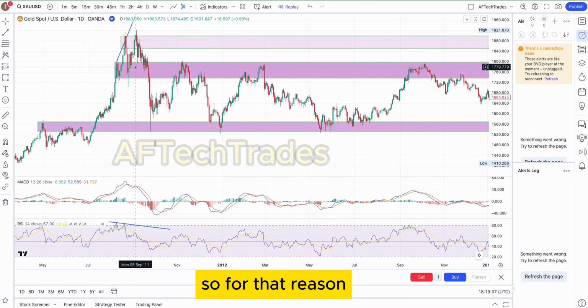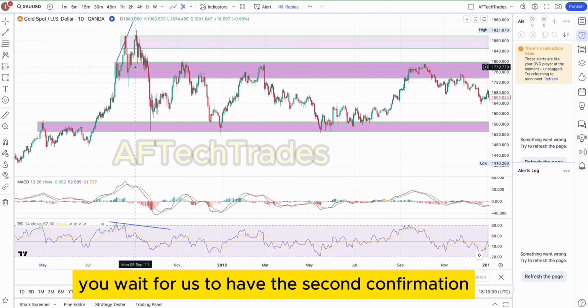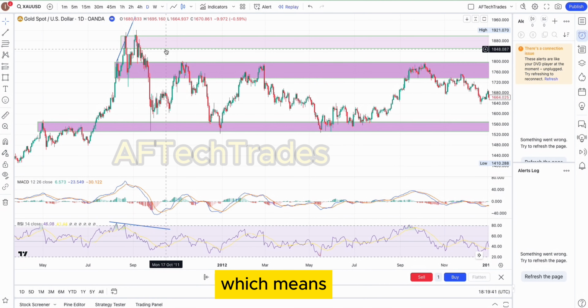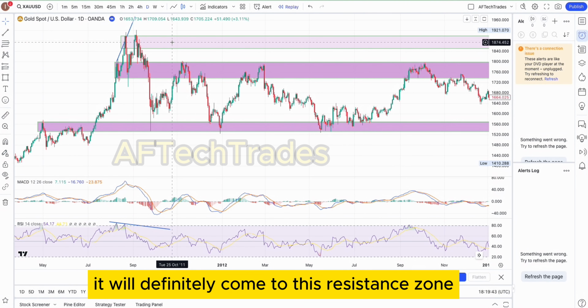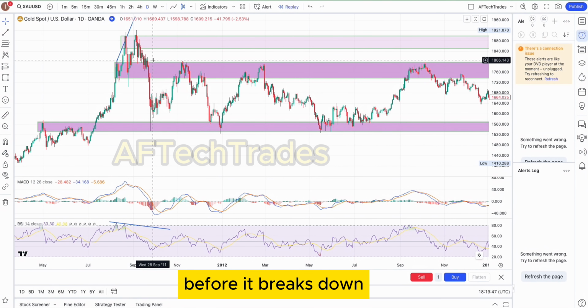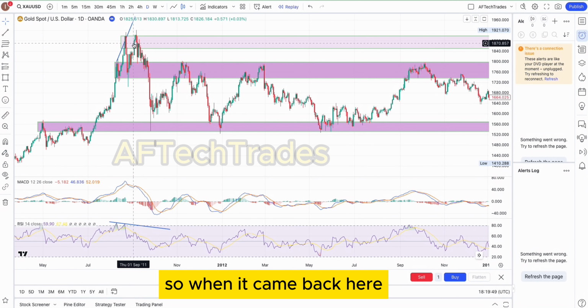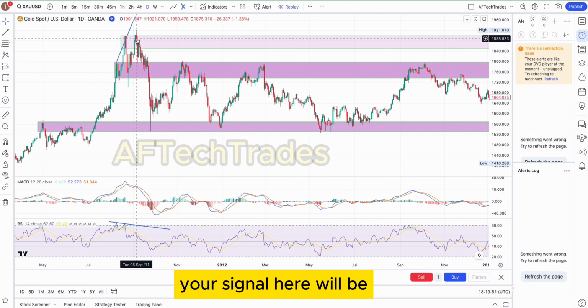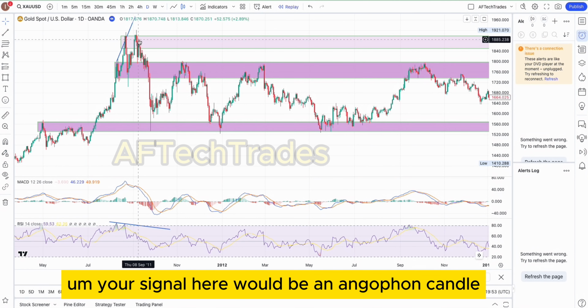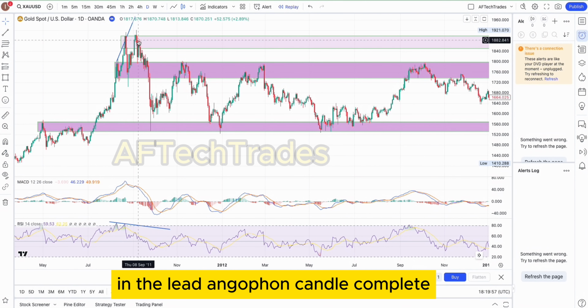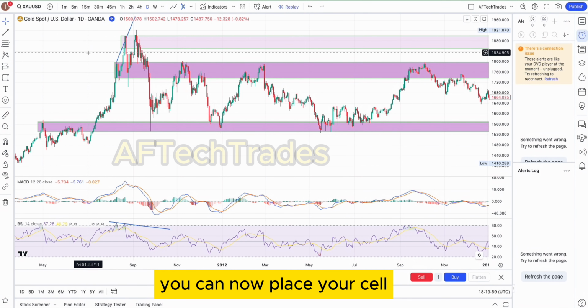So for that reason, you wait first to have the second confirmation, which means it will definitely come to this resistance zone before it breaks down. So when it came back here, then your signal here will be an engulfing candle. Immediately the engulfing candle completes, you can now place your sell.